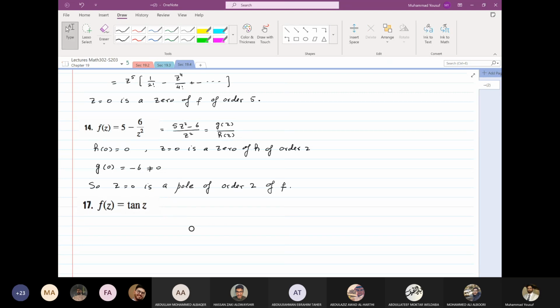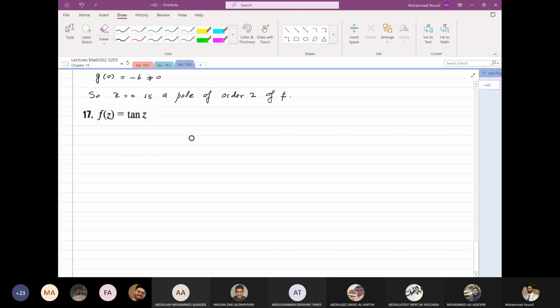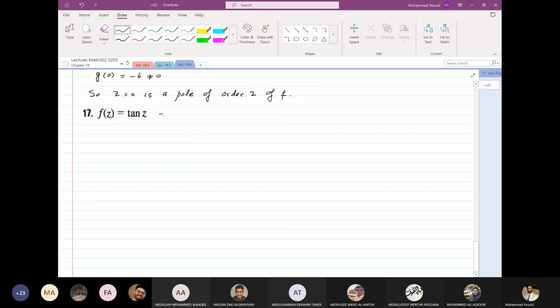F of z equal to tan z. And you know, tan z can be written as sine z over cosine z.